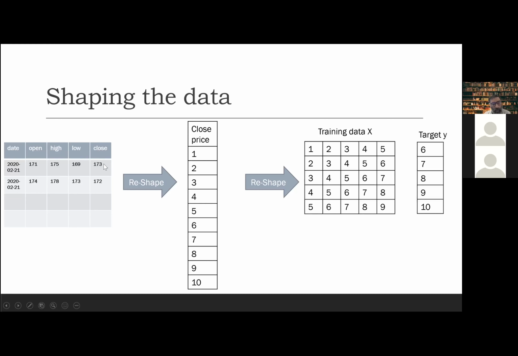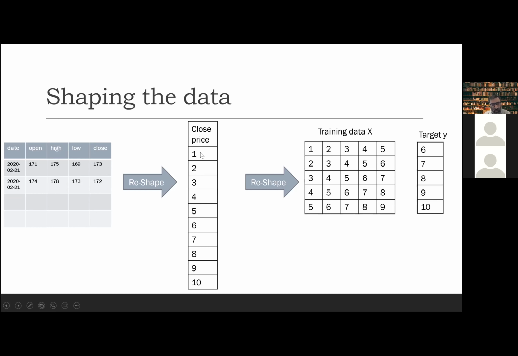If you want to just use the close prices, depending on what type of analysis you're going to do, I'm just showing you how you can label the data. Take the close prices and create a 1D array, like 1, 2, 3, 4, 5.